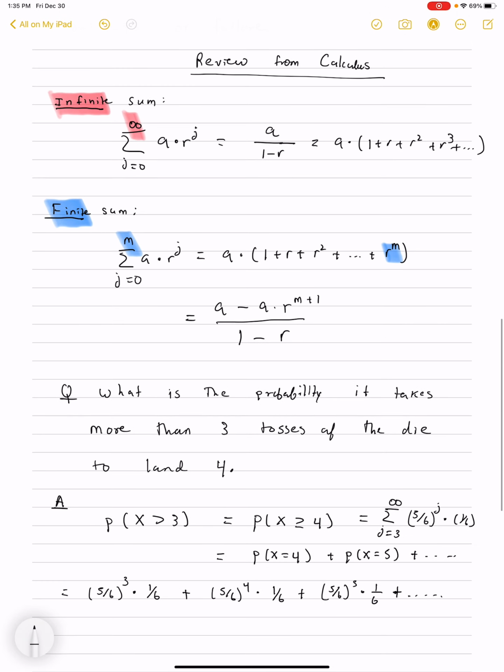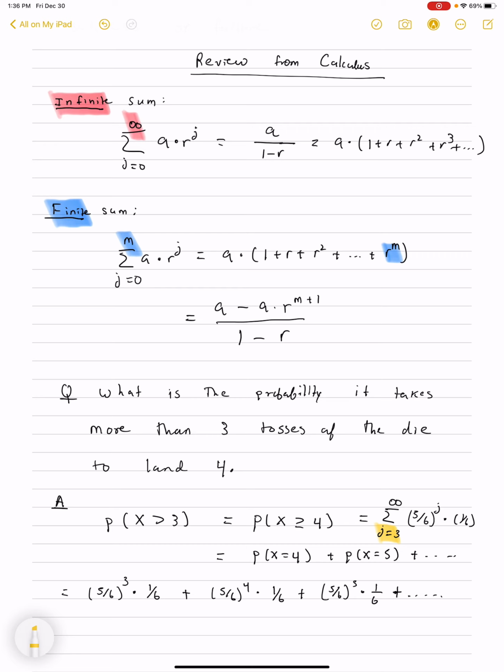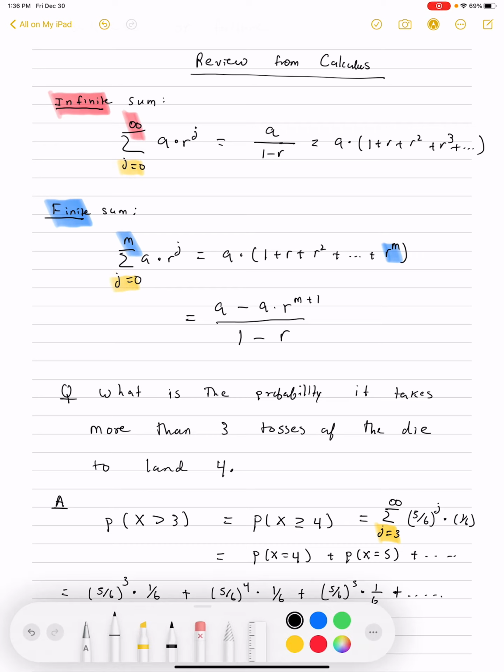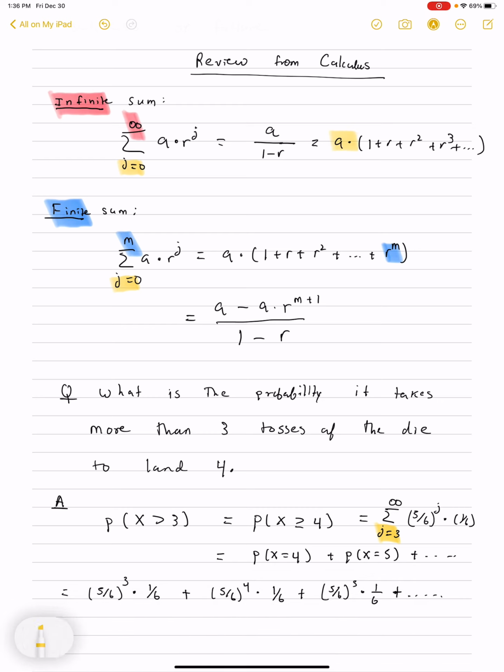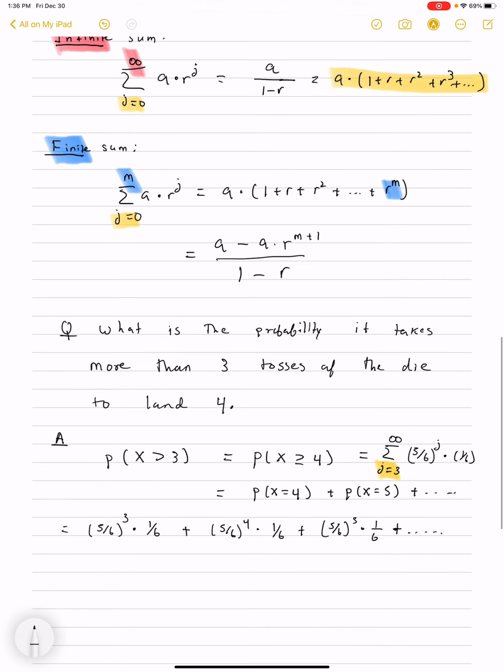And yes, it would matter that this j right here starts at a different value than the j listed here. But I'm going to highlight perhaps this form of the infinite geometric series, and I'm going to make use of that, because I have something similar here. I see every term in this probability has a factor of 1/6, so I'm going to take that out.